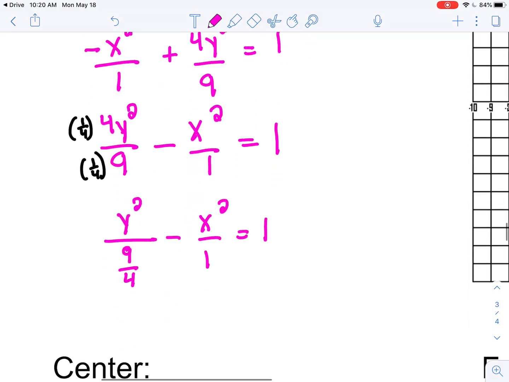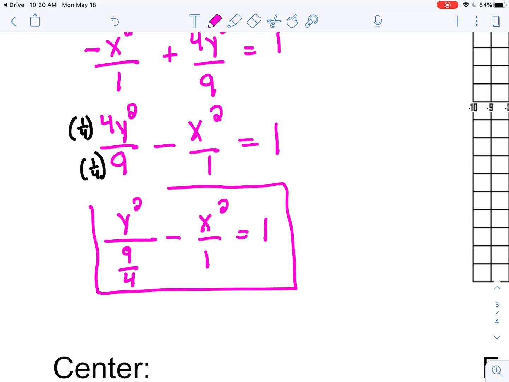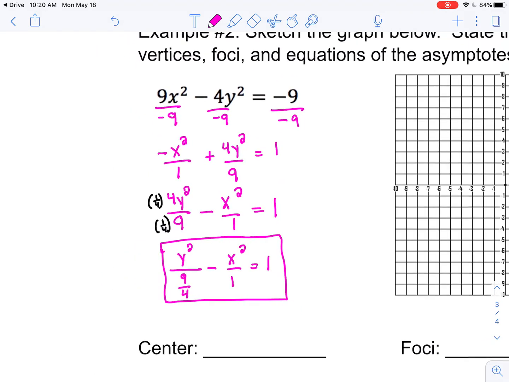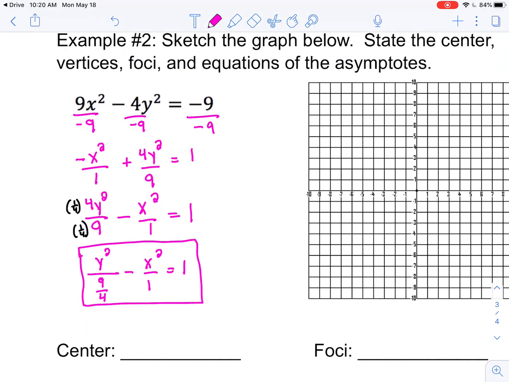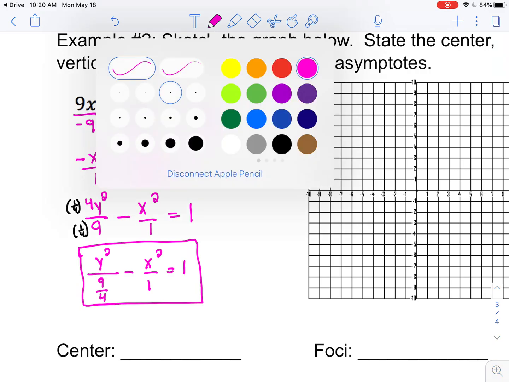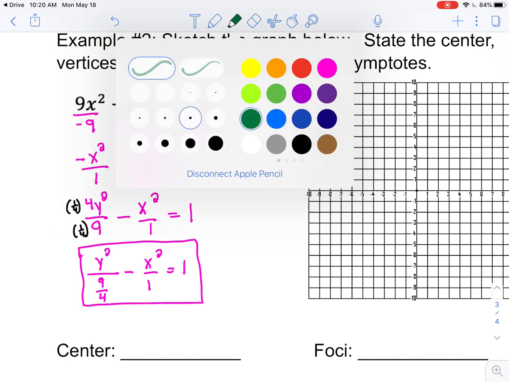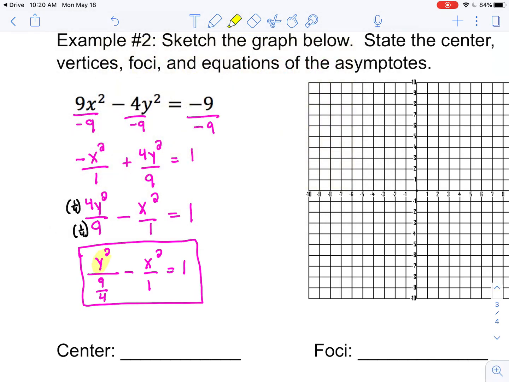So now this is the equation I'm going to work with to figure out my pieces so that I can graph. The first thing that I notice is my y squared is first. So that tells me that I am going to be vertical.